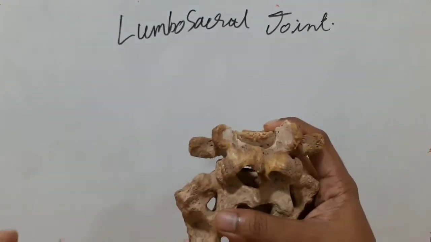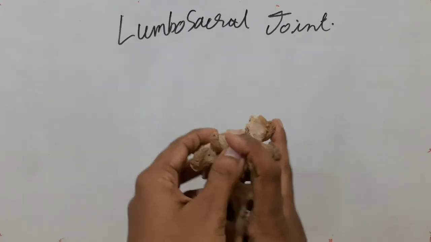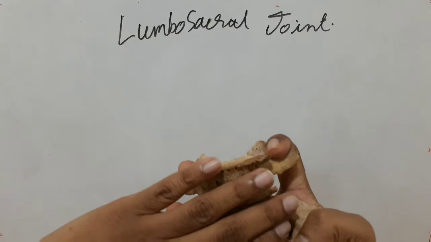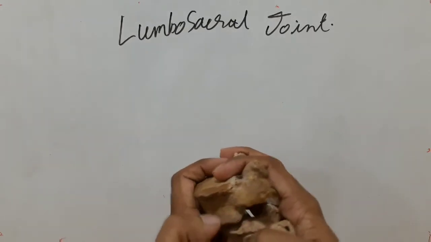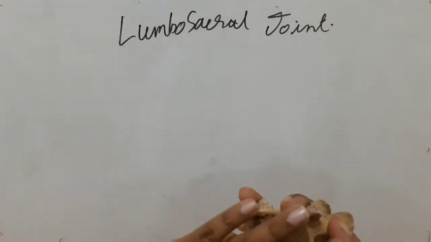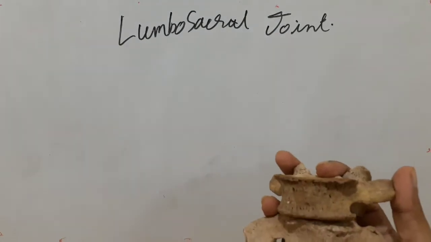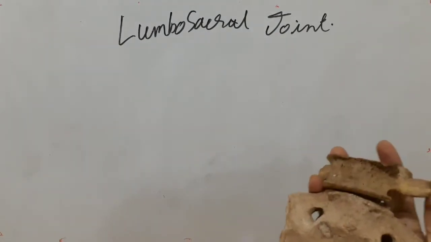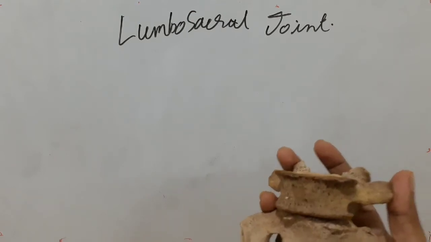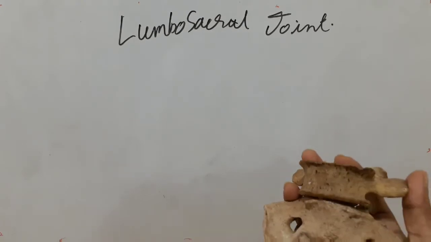That is one. And next is the lumbosacral ligament, which covers the whole ventral and dorsal parts on both sides, just covering the sacroiliac joint, which we will discuss in the sacroiliac joint. But just remember the lumbosacral joint has two ligaments: the iliolumbar ligament and the lumbosacral ligament, which has ventral and dorsal parts.